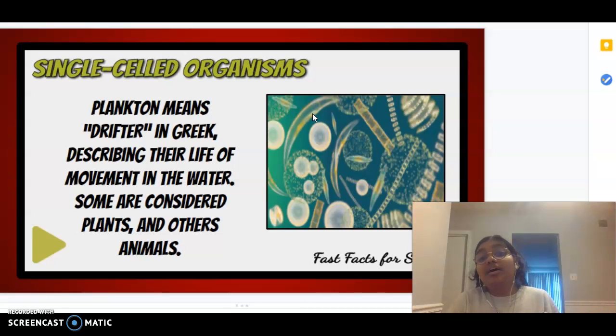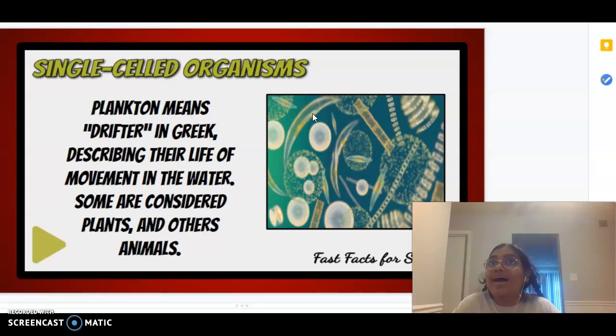There is a class called photoplankton, and they normally create their own food. And if you remember from previous lectures, if they create their own food, they're using sunlight. They are using a process called photosynthesis, and they probably have chlorophyll or chloroplasts within their body.